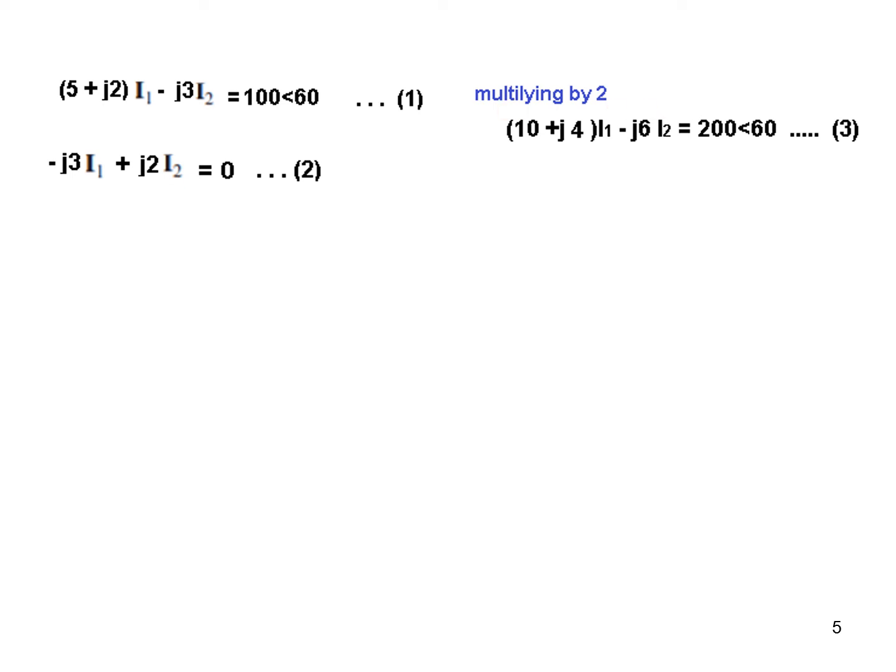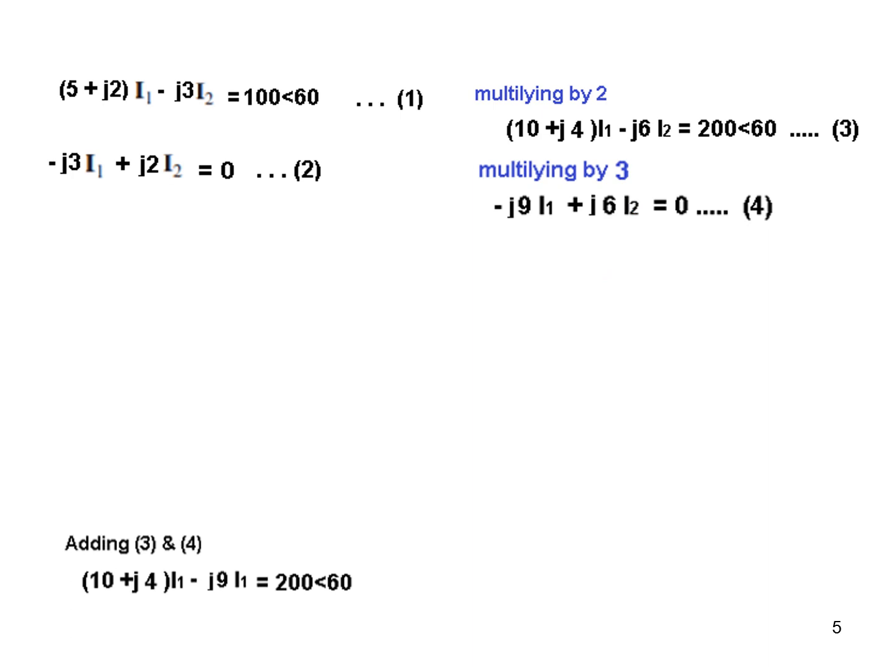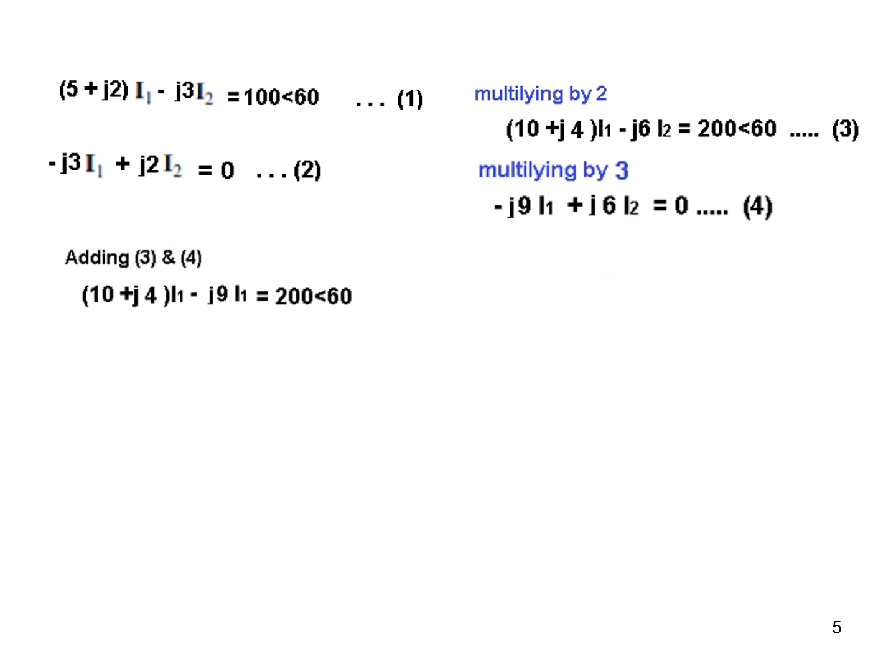Multiplying the first equation by 2, we get this value. Similarly, multiplying the second equation by 3, we get this value. Now we can easily cancel the j6 I2 terms. Adding equations 3 and 4, we get all terms in terms of I1.